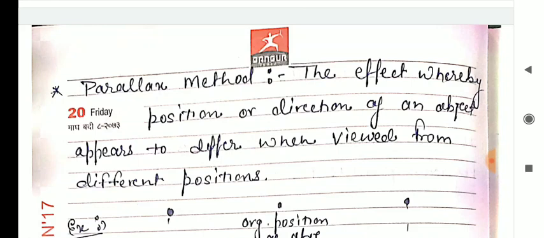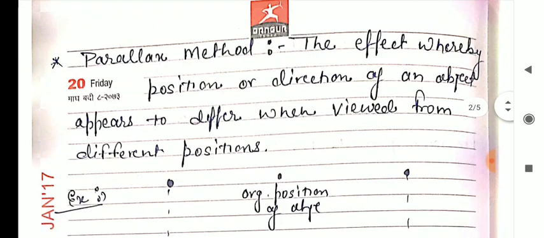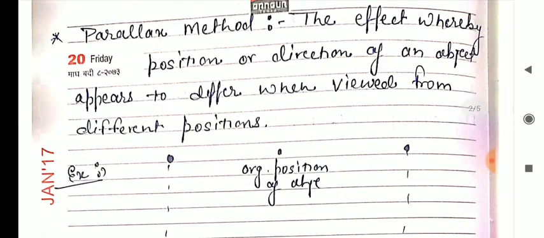For example, if we hold a pen in front of our eyes and at one time we close our left eye and see the pen with the right eye, then we note the position of the pen.